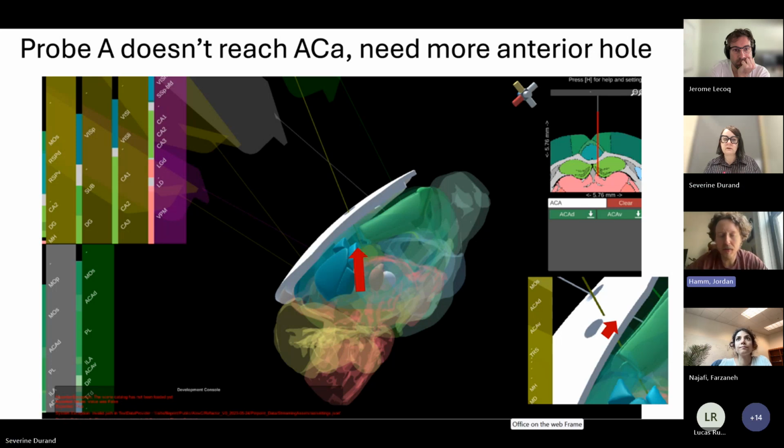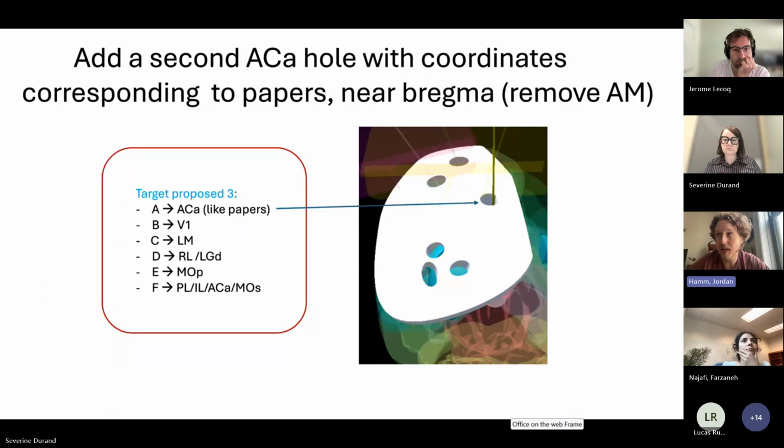I think these two insertions are going to be good. We independently did retrograde tracing with retroT tomato in V1, and then looked across ACA at how many neurons are projecting to V1. It seems from our data that the maximum number of cells that project to V1 are about 0.5 anterior.